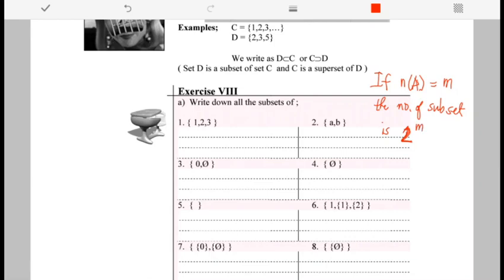That's how to find the number of subsets. So you can use this to check whether you wrote enough subsets.